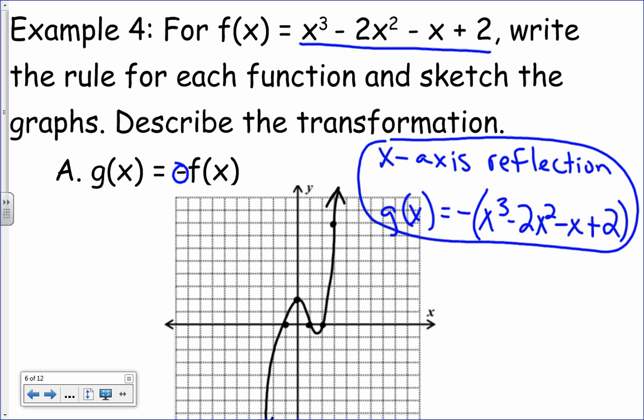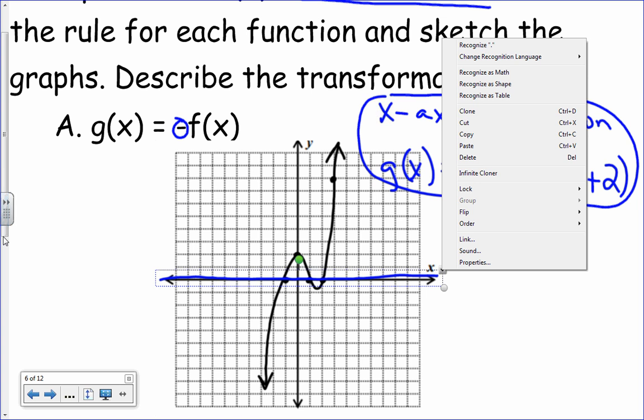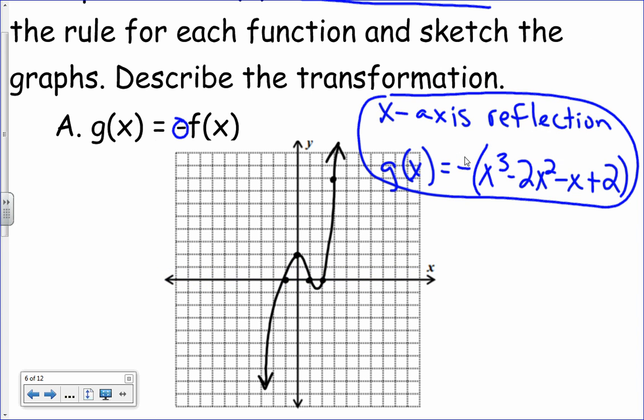And then it's all about making the picture change. Since it's x-axis, everything on the top has got to come to the bottom. So put your wet paint on it. If I folded it in half across this x-axis, this hump right here would come down to the bottom.